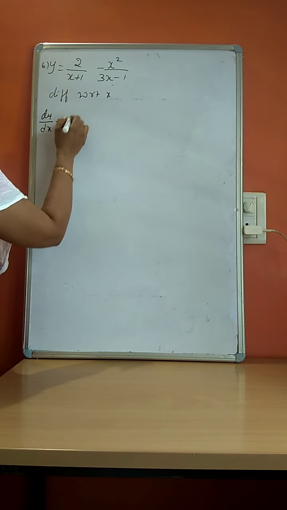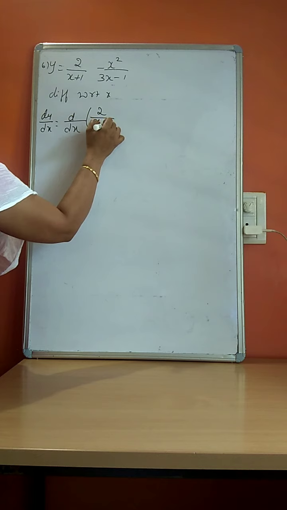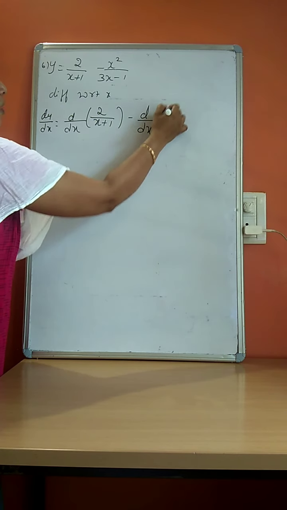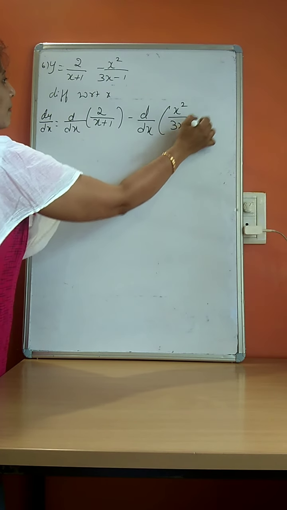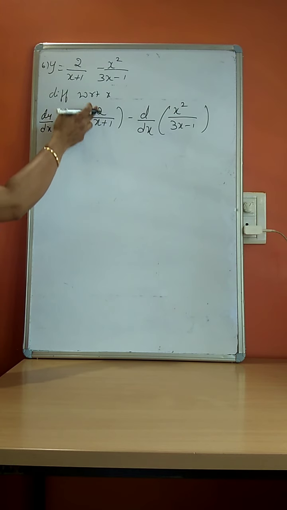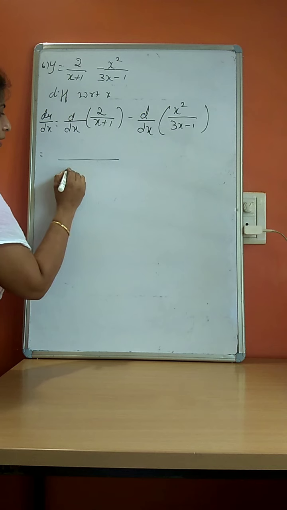dy by dx is equal to differentiation of 2 by x plus 1 minus d by dx of x square divided by 3x minus 1. Okay, this is in the form of quotient rule. Therefore, differentiation of this is what?